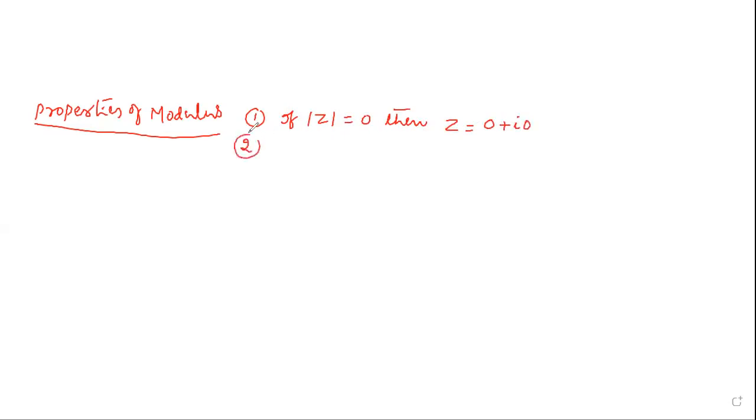Second property: the modulus of z1 - z2 means the distance between the complex numbers z1 and z2.